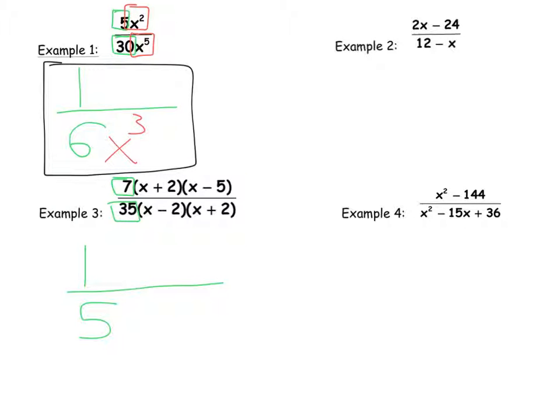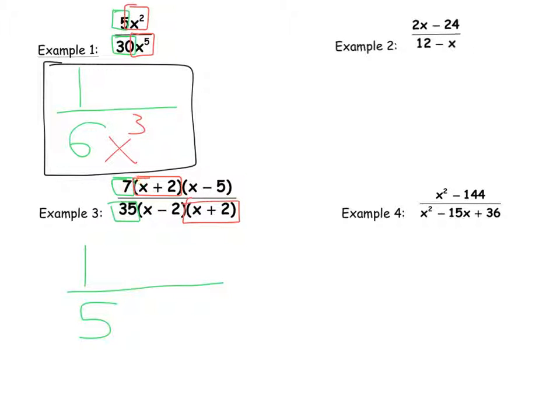Now we're going to take what's in the parentheses, things like x plus 2. That is an expression, and we're going to look to see if we can cancel it out with something that is the exact same expression. Be careful: x plus 2 cannot cancel out with an x minus 2.